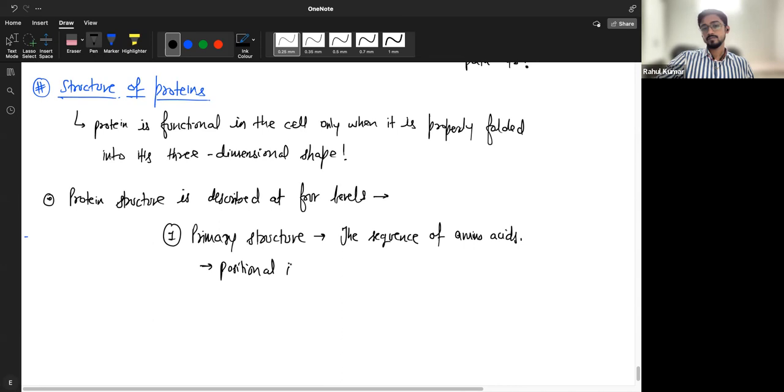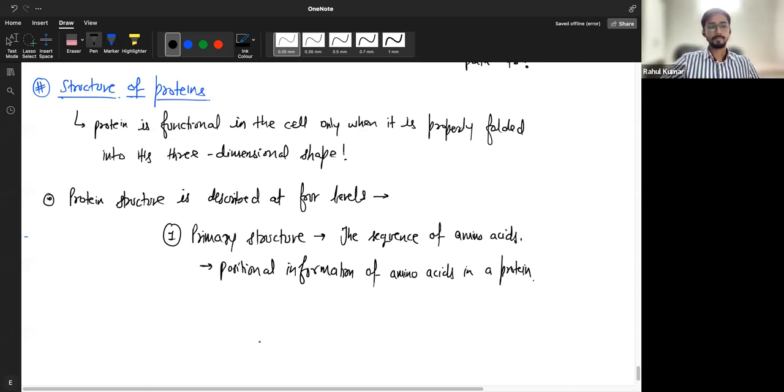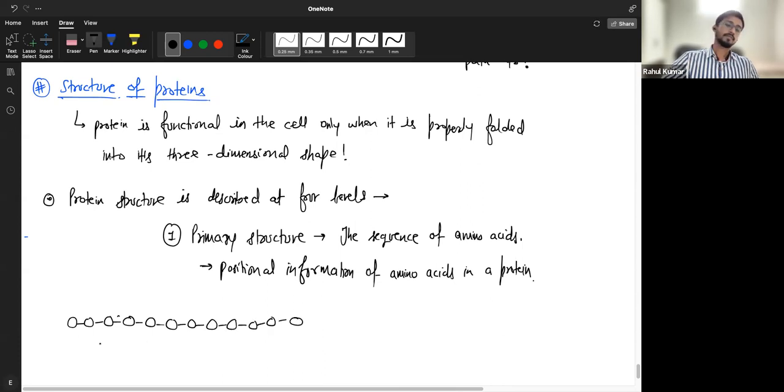So if this is an amino acid, then they will be connected together in a long chain like this, where these are amino acids and these are peptide bonds.